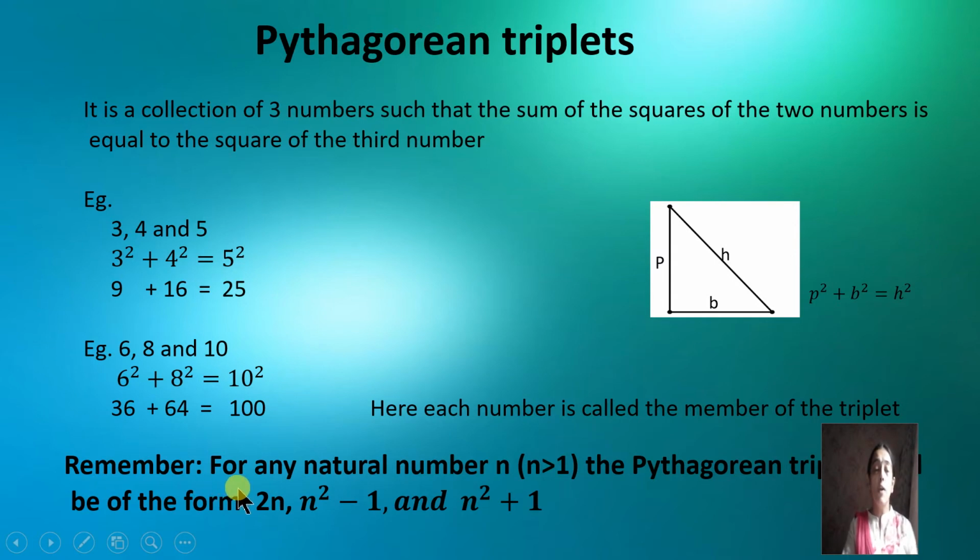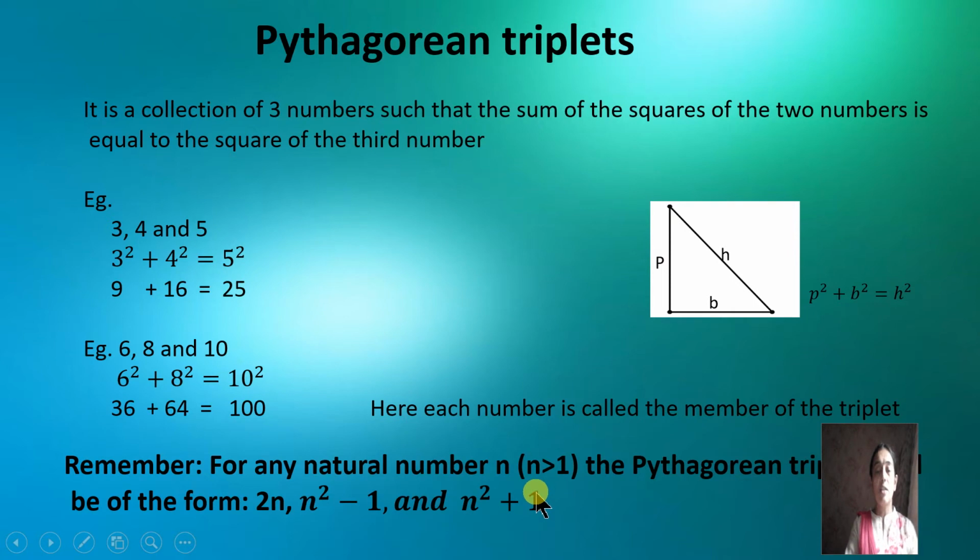For any natural number n, and n should be always greater than 1, the Pythagorean triplets are of the form 2n, n square minus 1 and n square plus 1.